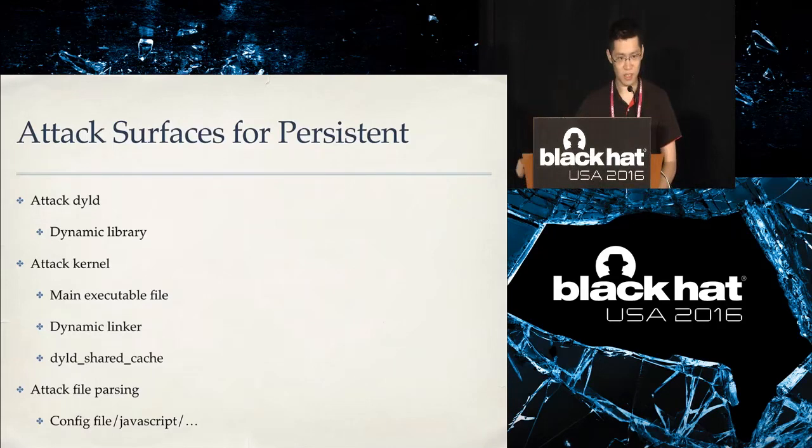Another interesting attack surface was used in the jailbreak for iOS 5. There was a file parsing bug in racoon. But this kind of bug is quite difficult to exploit, because at that time there was no ASLR, and if there's ASLR, it will be quite difficult.